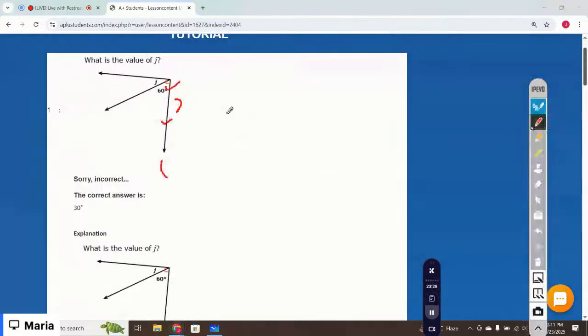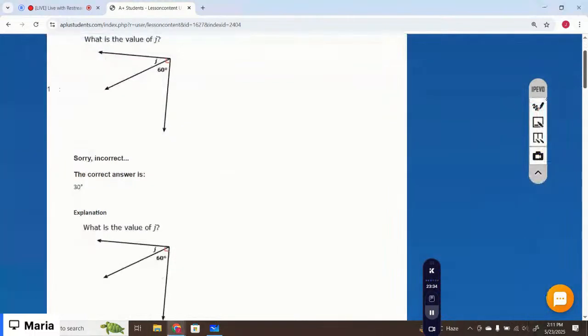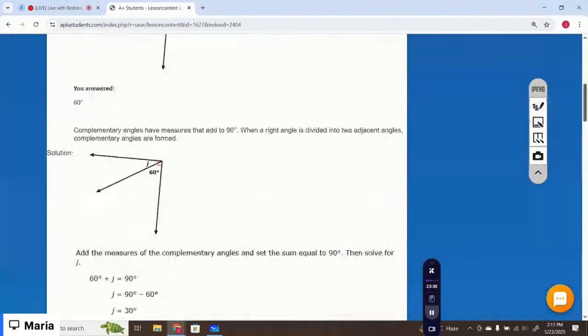So that is 60 degrees and J is 30 degrees. 60 plus 30 is 90. So angle J is 30 degrees, because the angle is 90 degrees. So yes, the angle is 90.